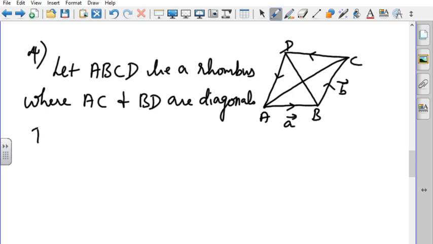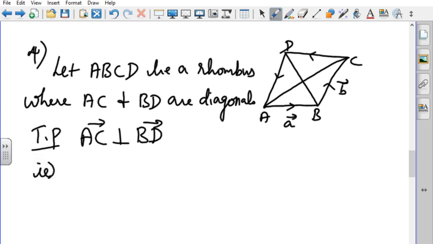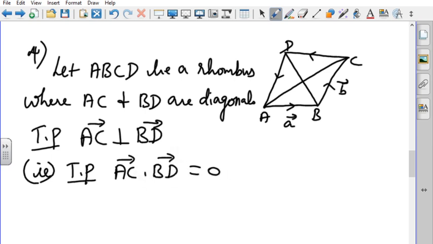So to prove, what is to prove? AC vector perpendicular to BD vector. That is to prove AC vector dot BD vector is equal to 0.